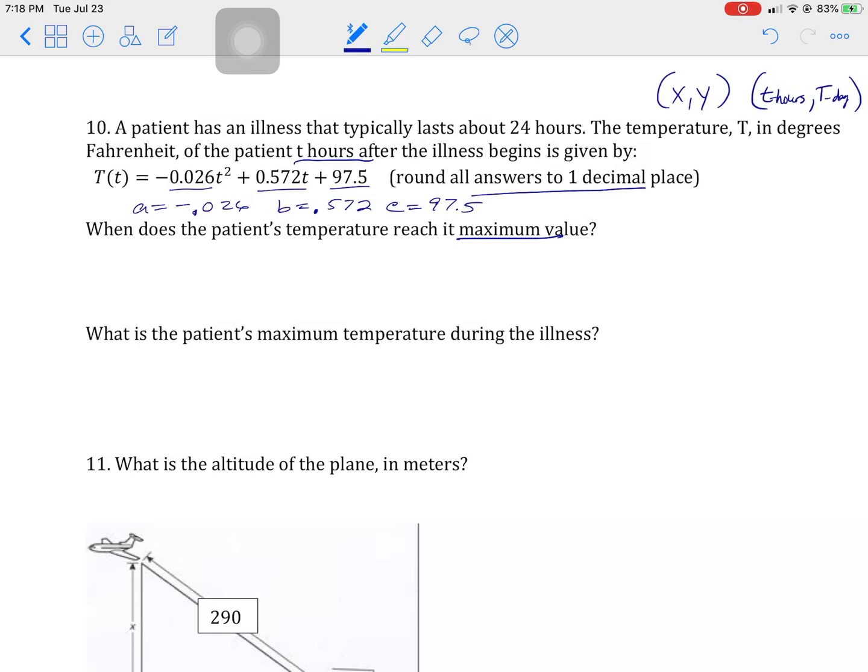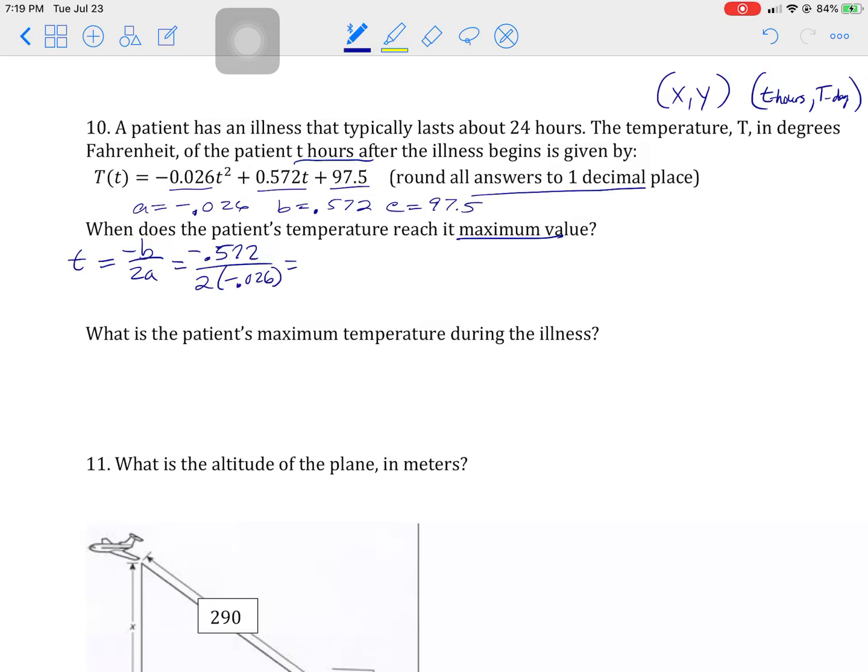So instead of an X, this is going to be t equals negative b over 2a, negative b, negative 0.572 over 2 times a. Calculator. This is going to, let me check.